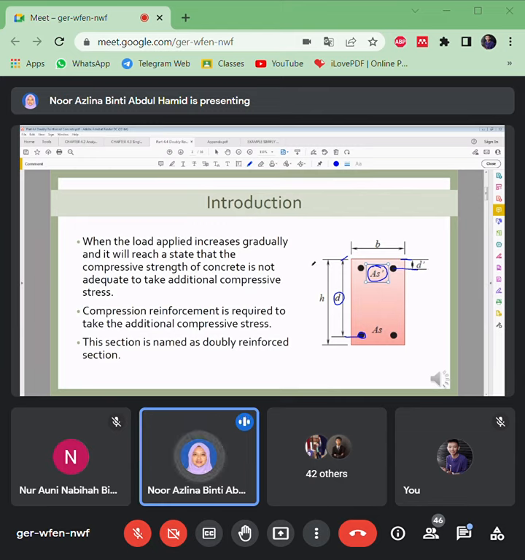So why do we have to provide the AS prime? Once the load reaches the state where the compressive strength of concrete is not adequate to take additional compressive stress. For singly reinforced sections, the compressive stress will be resisted by the concrete because concrete is very good in compression, right?